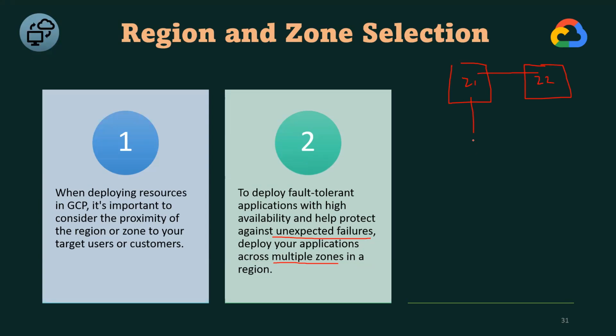Automatically, all the infrastructure will be replicated, so your application will also be available there. Target users may connect to this zone, and whenever it fails, they are automatically connected to the other one. So to deploy fault tolerant applications with high availability and protect against unexpected failures, deploy your applications across multiple regions or multiple zones. That is one more point.